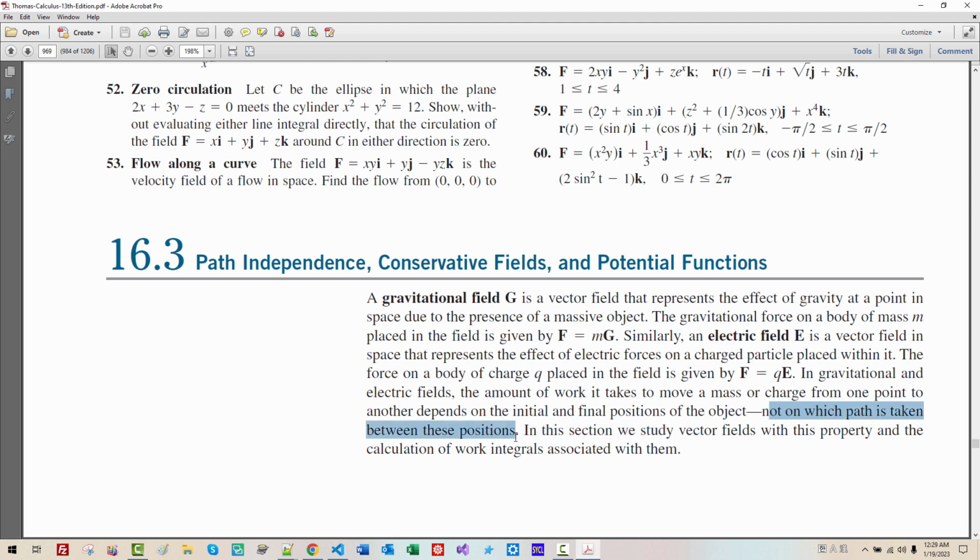We are going to learn a vector field that has the path independence property. I said potential functions, conservative fields, path independence, all these three things say one thing.